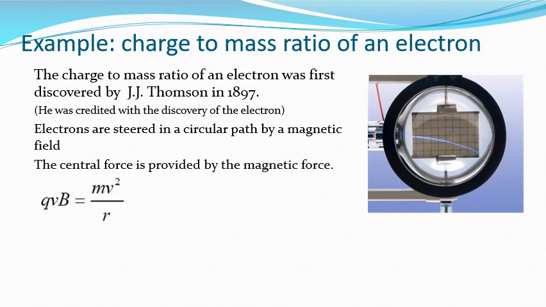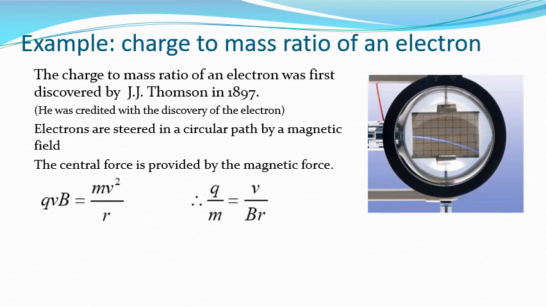And by saying that the centripetal force is equal to the magnetic force, you can rearrange that relationship to give the charge divided by the mass, Q over m, or often e over m, with e being the charge on an electron. And you find it depends upon the speed of the electron, the magnetic field strength, and the radius. So he was able to measure the radius by taking coordinates of the line.